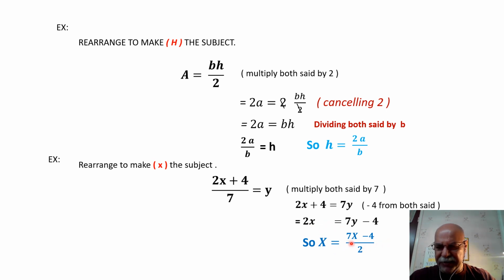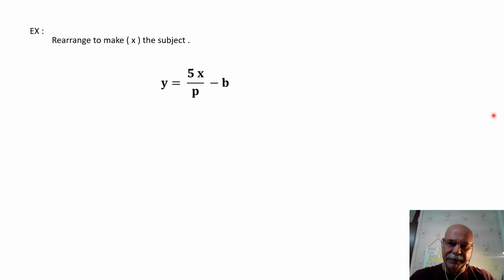x equal 7y plus 4 over 2. Now in this example also, he asked me to rearrange it to make the x the subject instead of the other letters.